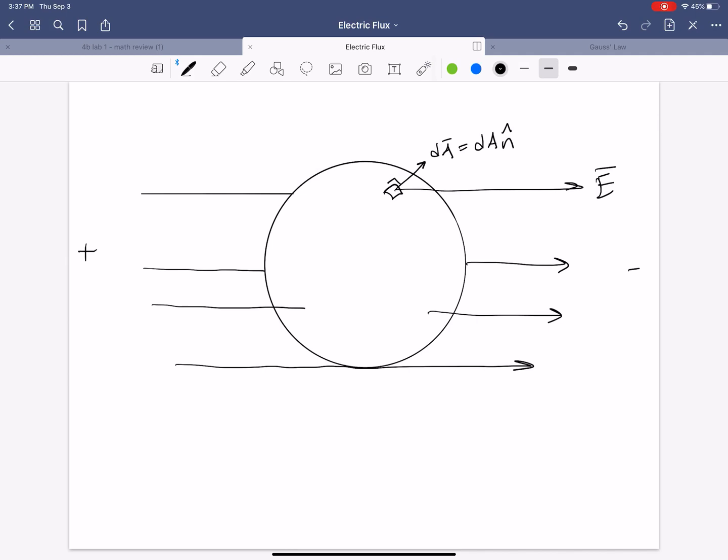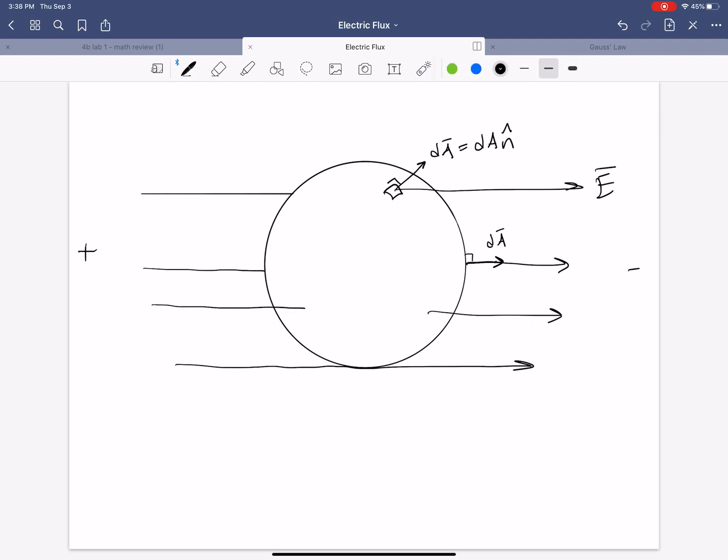That normal vector right there is perpendicular to the plane at that position, perpendicular to the surface. I can draw another normal vector over here that's also perpendicular, and we can assume the same sized dA, but the normal direction is different from the first one I drew.